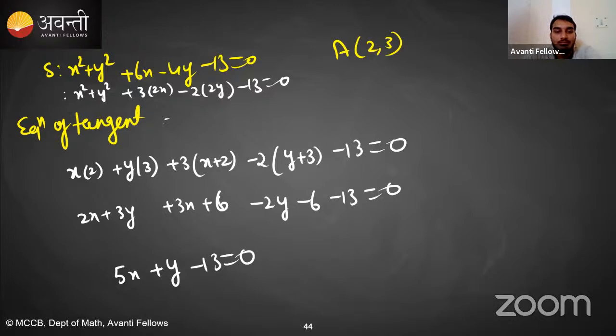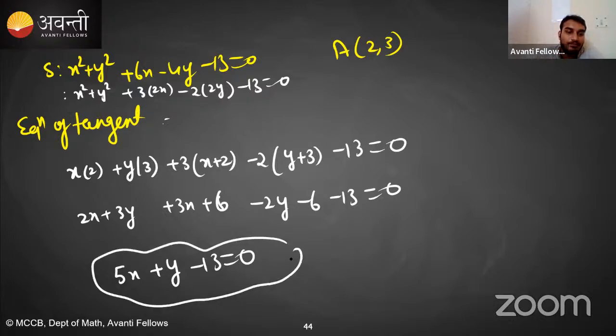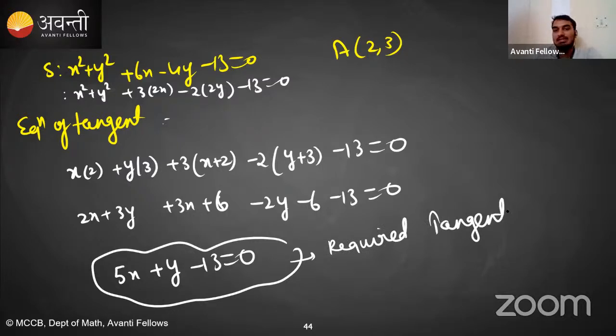This is the equation of tangent, the required tangent. Okay. Is this clear, everyone? Tell me quickly in the chat box. Is there any doubt so far?